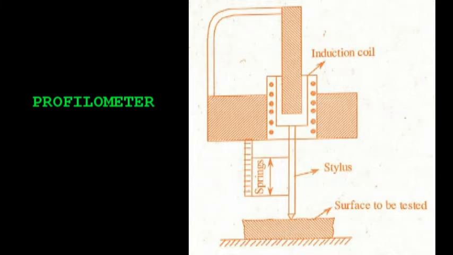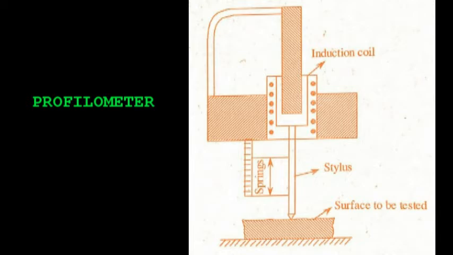It is mounted in the pickup unit, which consists of an induction coil located in the field of a permanent magnet. When the tracer is moved across the surface to be tested, it is displaced vertically up and down due to the surface irregularities. This causes the induction coil to move in the field of the permanent magnet and induces a voltage.